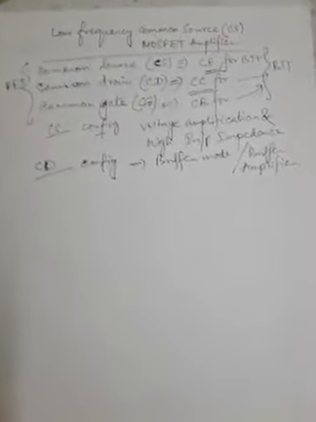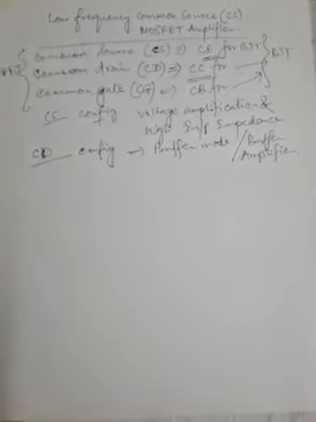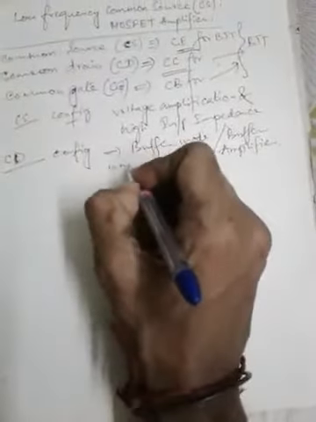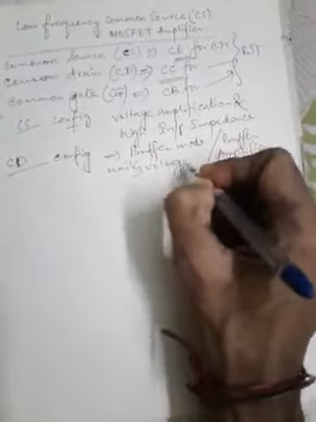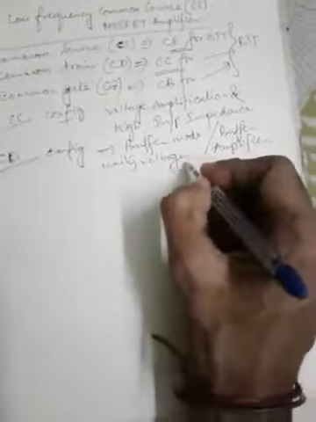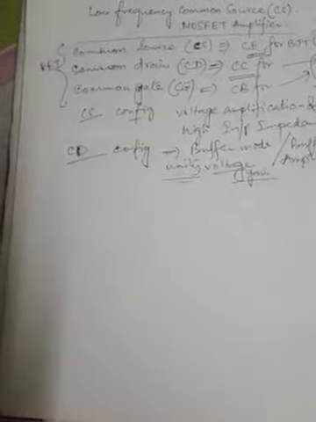This buffer operation establishes unity voltage gain in the CD mode. That means voltage gain equal to 1, so whatever you give at the input is replicated at the output. That is why it is called the buffer operation; input and output are similar.